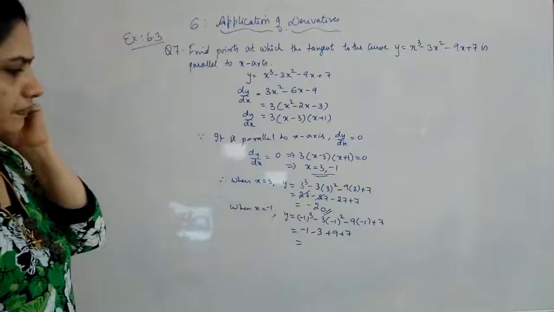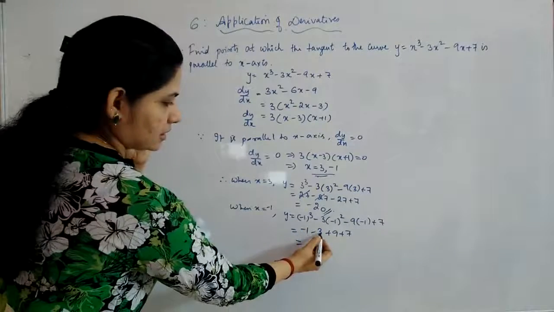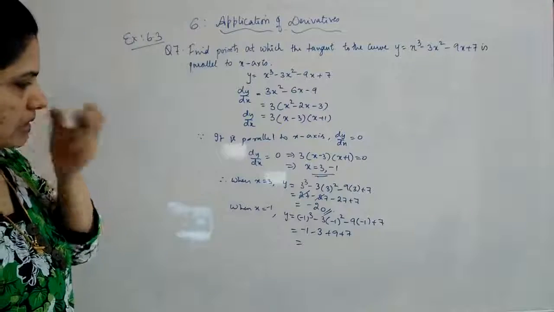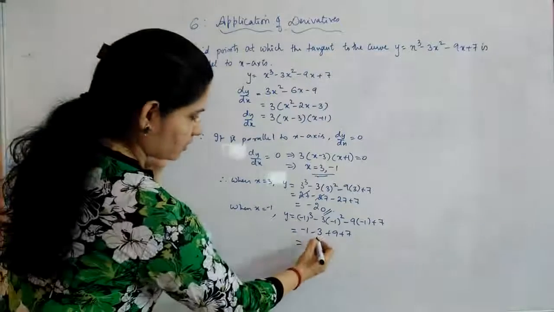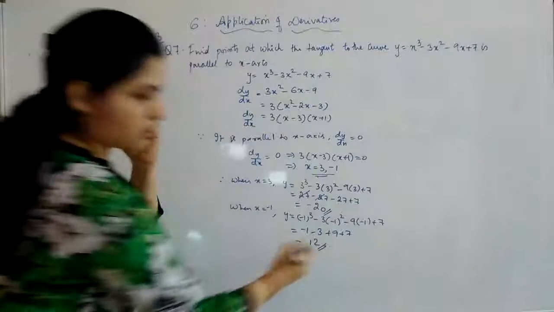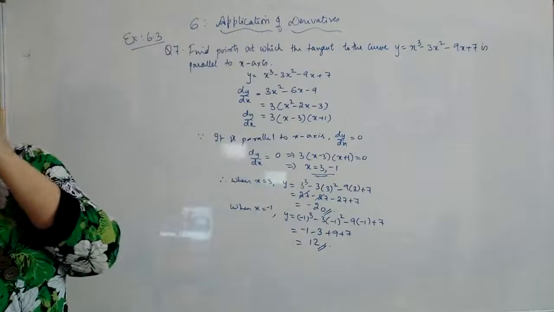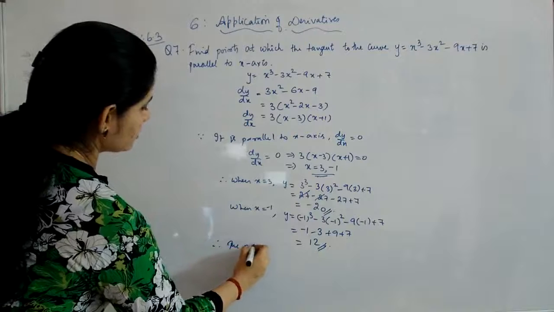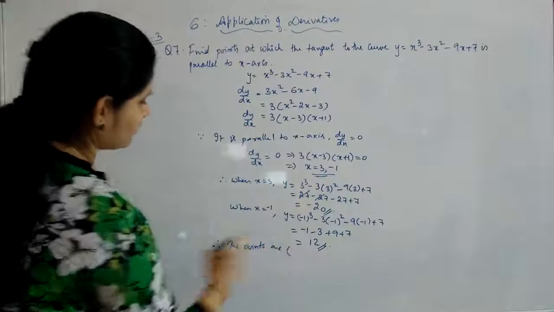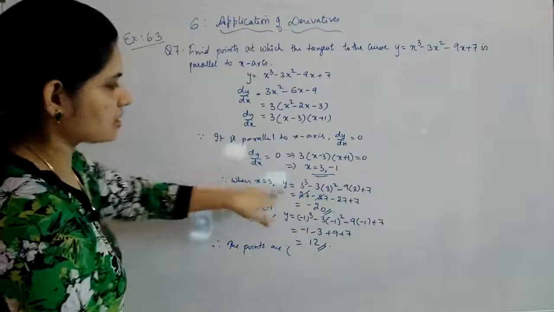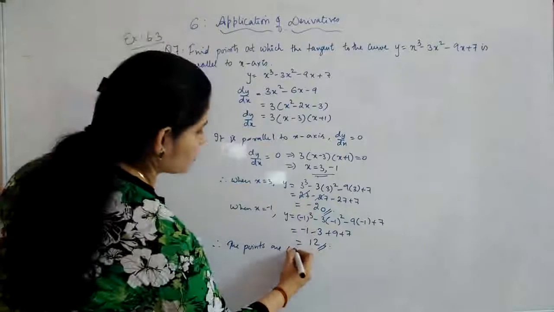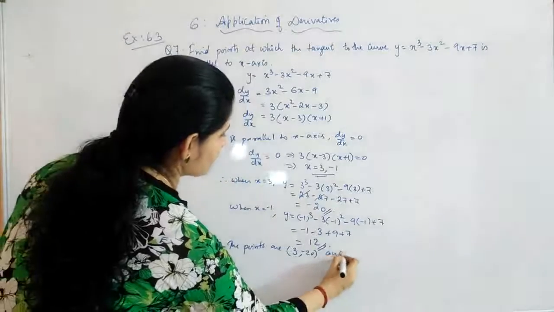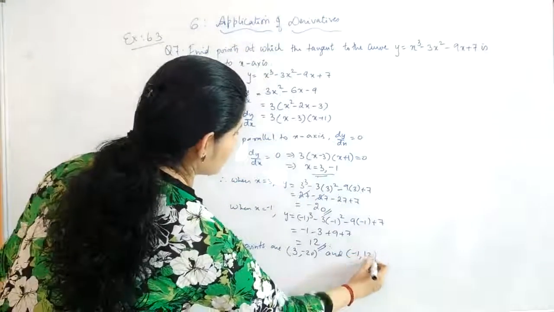So 7 minus 4 gives 3, 3 plus 9, 12 you are getting. So the points are: when x is 3, y is minus 20, so it is (3, minus 20), and (minus 1, 12).